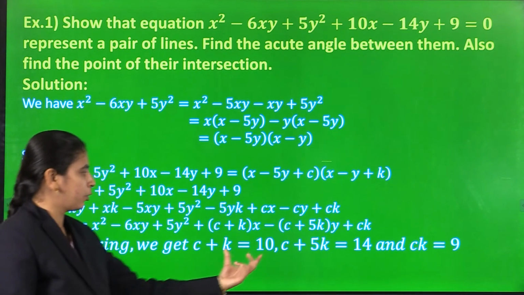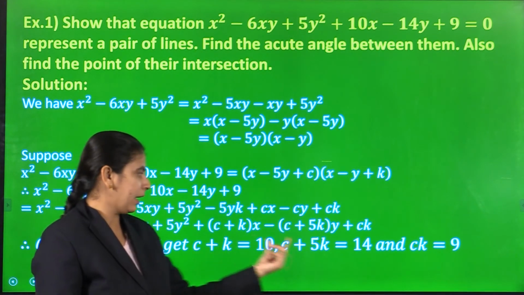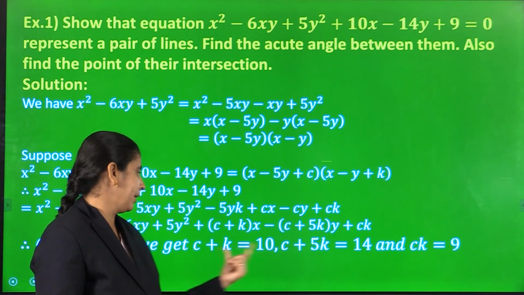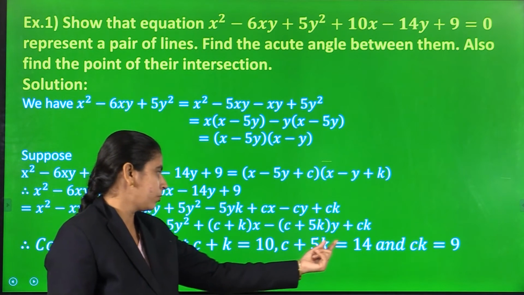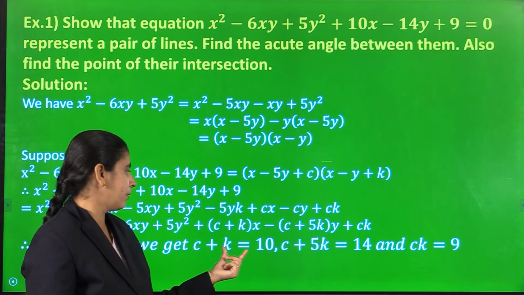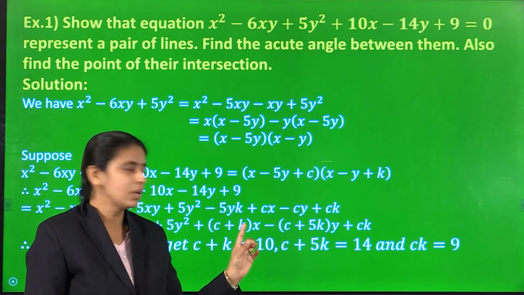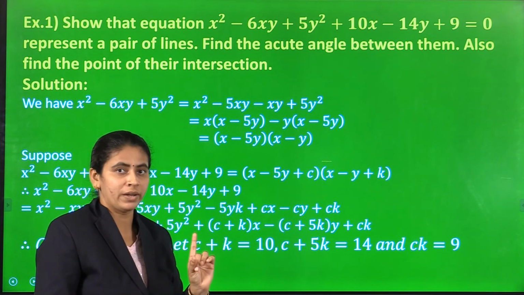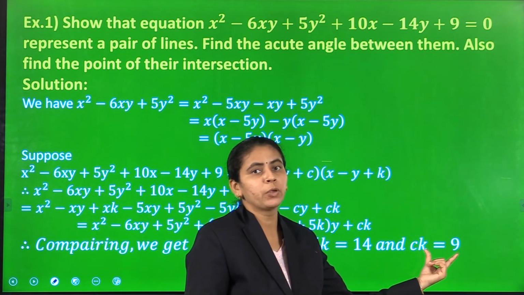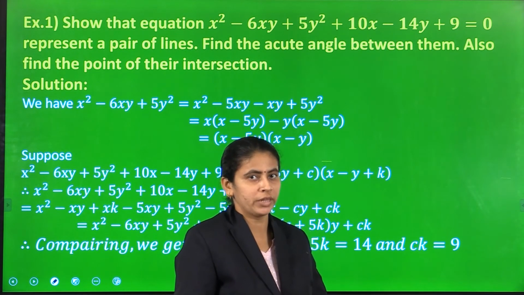If you solve these two equations, c plus k equal to 10 and c plus 5k equal to 14, you will get 4k is equal to 4, that is k is equal to 1, and putting k equal to 1 in the first equation you will get c equal to 9.